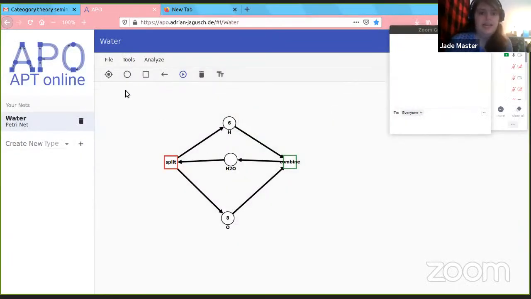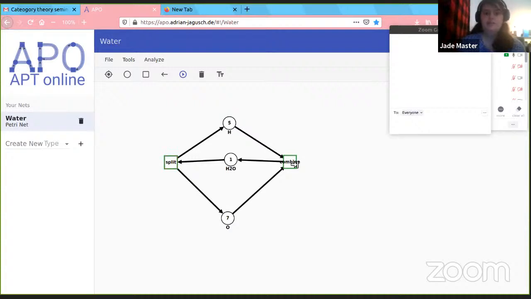Okay, so here's a sort of Petri net simulator, which simulates the splitting and combining of oxygen. There's three places, O, H2O, and H. O has 8 tokens in it, H has 6 tokens in it. What you can do is this transition combine is enabled, and that's why it's green, so I can click it.